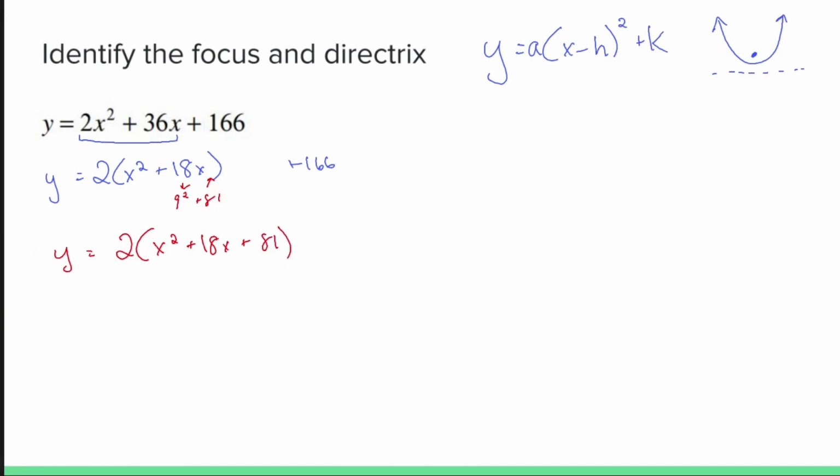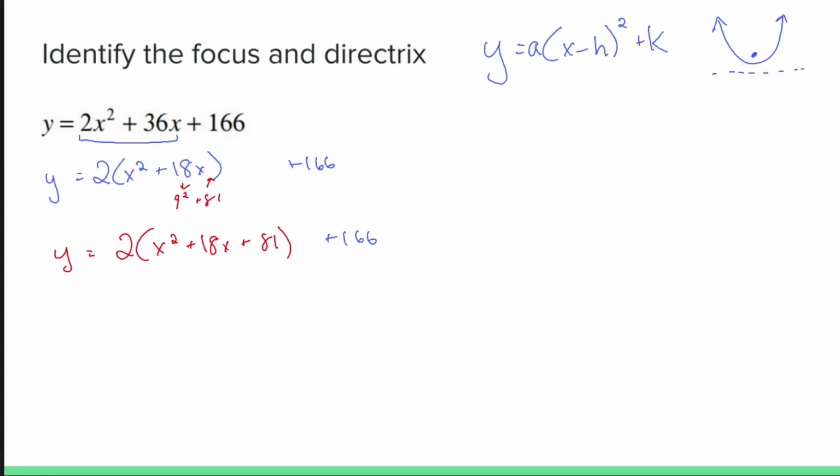Now here's the issue, right? I can't just willy-nilly add 81. And the reality is I'm not actually adding 81 to this whole function. I'm adding 81 times 2. So by adding 81 inside the parentheses, I'm actually adding 162 to the entire right side.